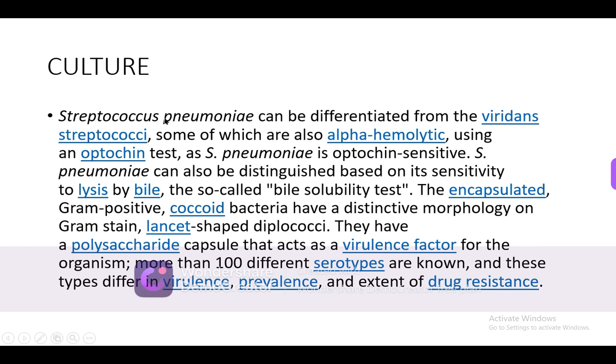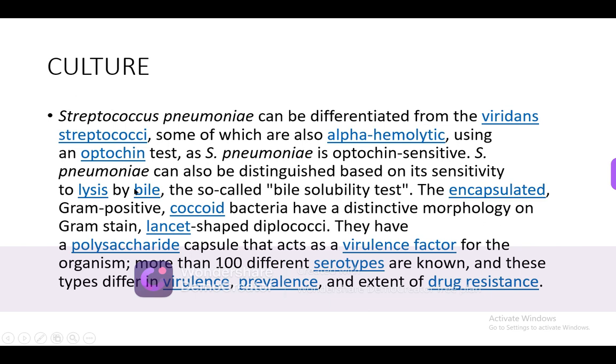Now, Streptococcus pneumoniae can be differentiated from the viridans, because another infection is viridans. Streptococcus viridans can also cause inflammation of the lung, but in different ways. Some of which are also alpha hemolytic; we use the oxygen test. Streptococcus pneumoniae is oxygen sensitive, so you will introduce oxygen.